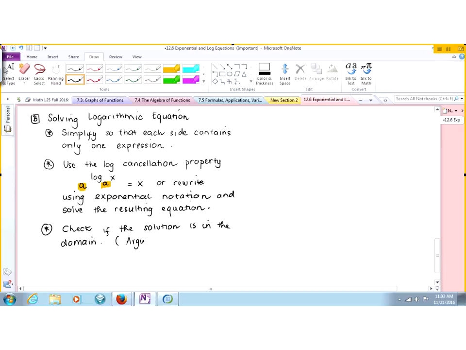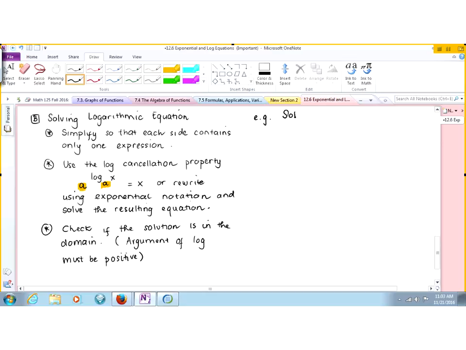So remember, the argument of log must be positive. Must be positive. Domain of log is positive number. All right. Okay, so let's do an example. All right.